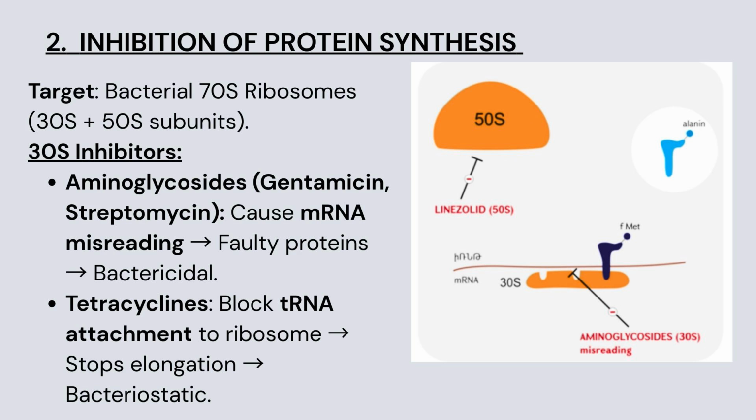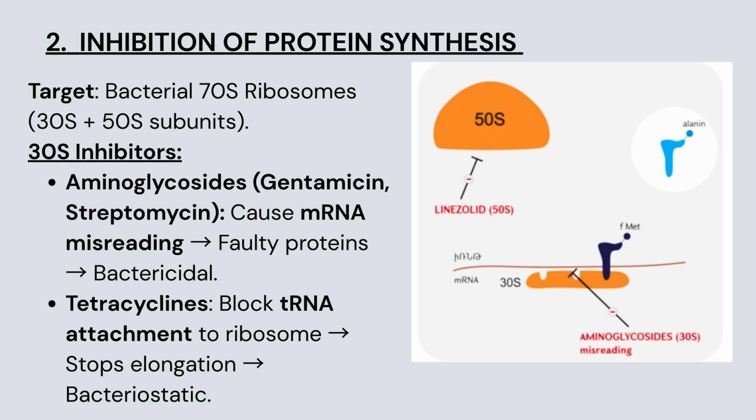Aminoglycosides like gentamicin and streptomycin bind to the 30S subunit of the bacterial ribosome. This causes the ribosome to misread the mRNA code, resulting in the production of faulty proteins and leading to the death of bacteria. So there is a bactericidal effect.